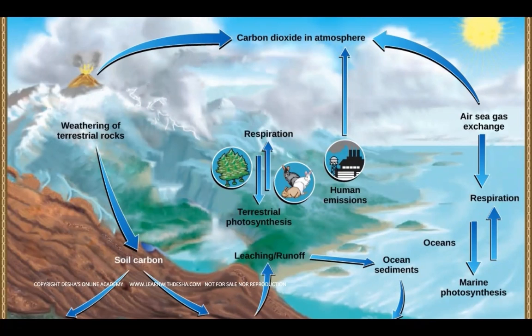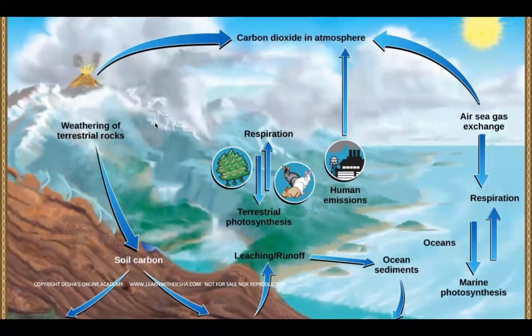When they combust materials, that releases carbon dioxide in the atmosphere. How do they do that? When they burn fossil fuels to power factories, power plants, cars, trucks, right? That releases carbon in the form of carbon dioxide into the atmosphere.